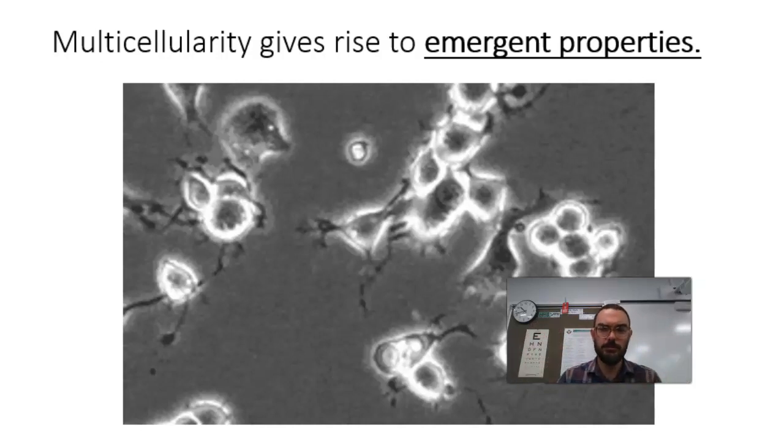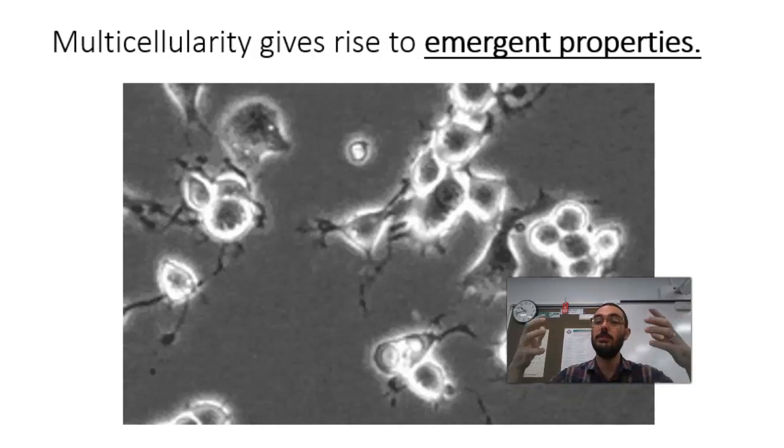So here's how it works. As you move from a single atom to a molecule, that molecule can do things that that atom could not do alone. So the molecule now has new emergent properties. As you move from a molecule up to, let's say, an organelle, that organelle, something like a nucleus, will have properties that were not possible with just some molecules. That organelle has new emergent properties.